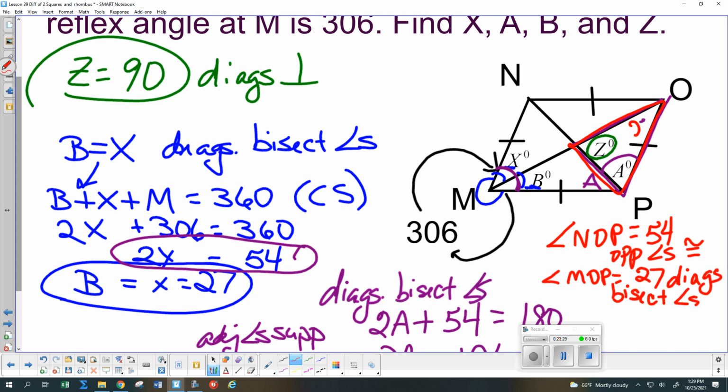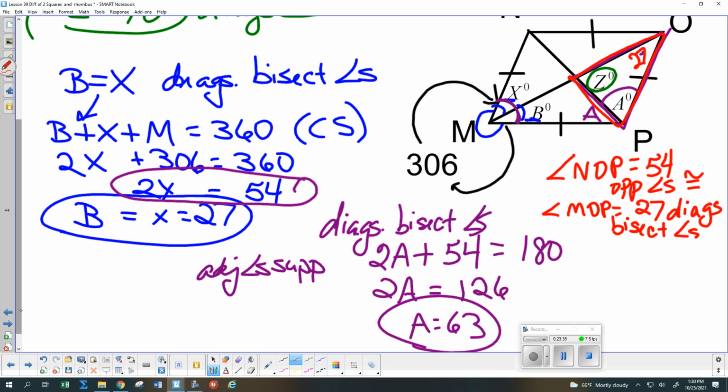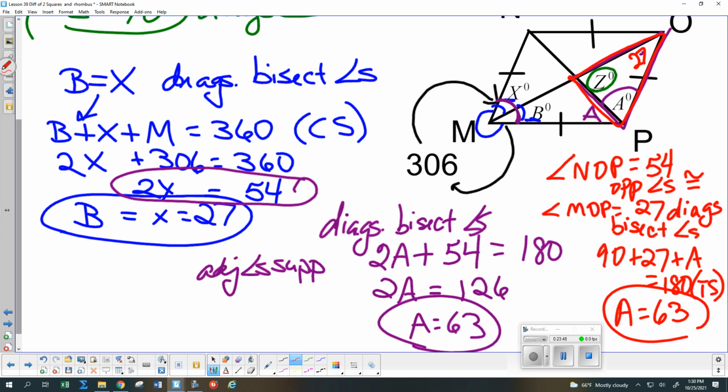And then we'd have a 27 in there. Then we could do the triangle sum, that 90 plus 27 plus A is 180. And we'd solve that, and we would also get that A is 63.